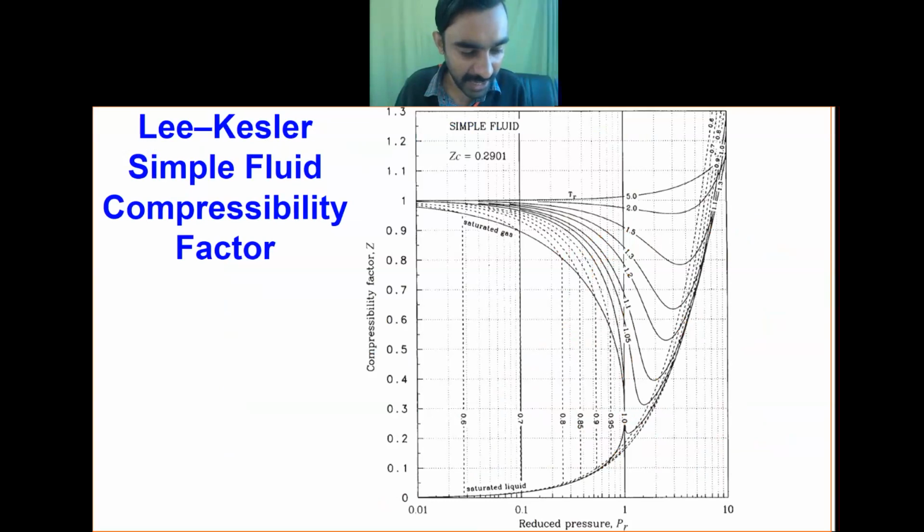That particular generalized diagram is referred to as the Lee-Kessler diagram for simple fluid compressibility factor. For simple compressible substances, we have one standard Lee-Kessler diagram, and it plots the behavior of all the different substances in terms of reduced pressure and reduced temperature.